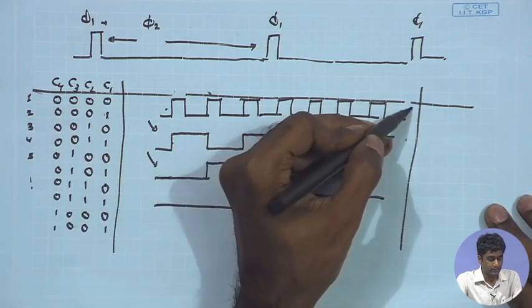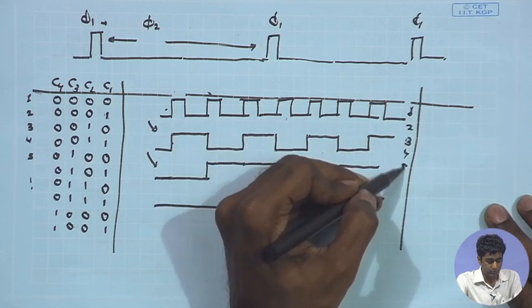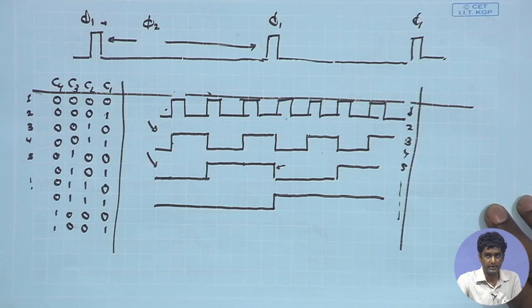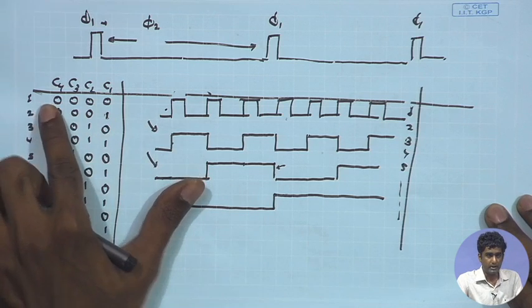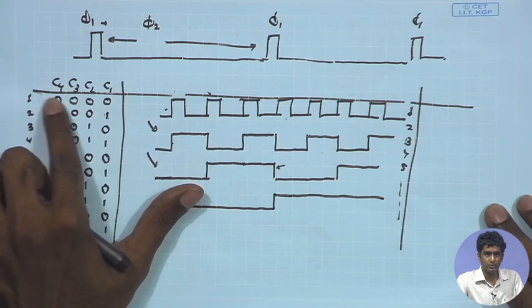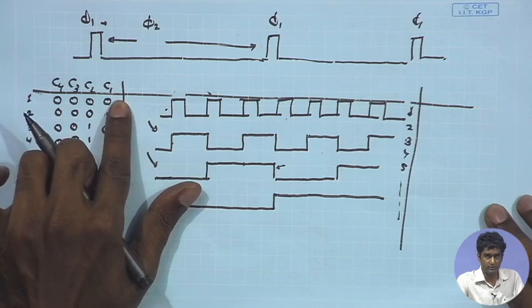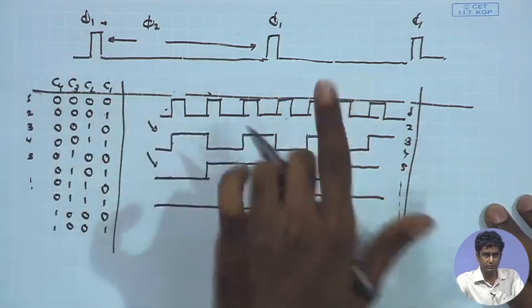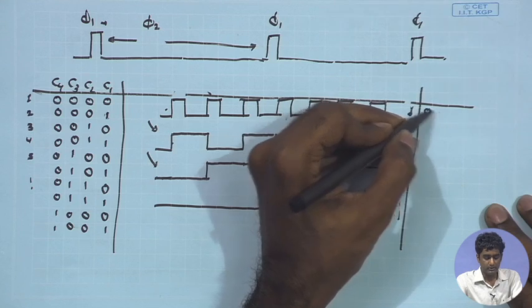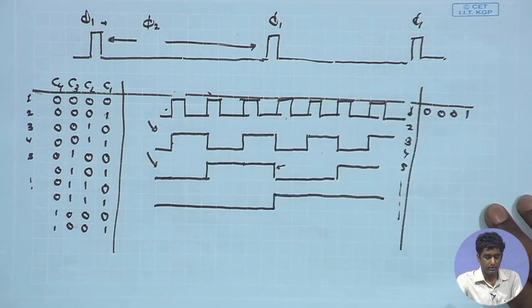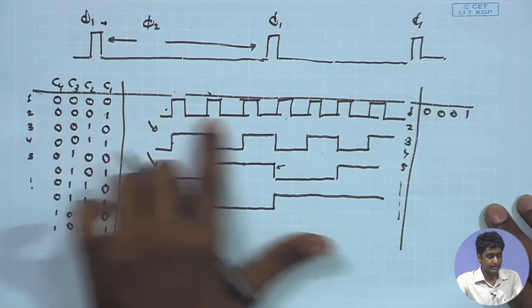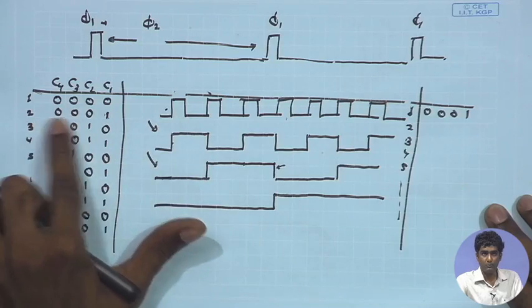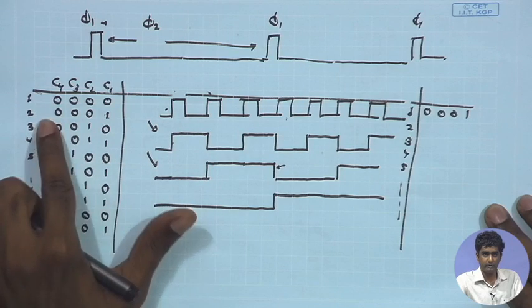So, if I look at the first, second, third, fourth, fifth and subsequent cycles, at the first cycle the output of C1, C2, C3, C4 were all 0. So, what do I expect should be the state for C1, C2, C3, C4 at the next cycle? It should be 0, 0, 0, 1. Likewise, at the second cycle the output of the flip flop is 0, 0, 0, 1.